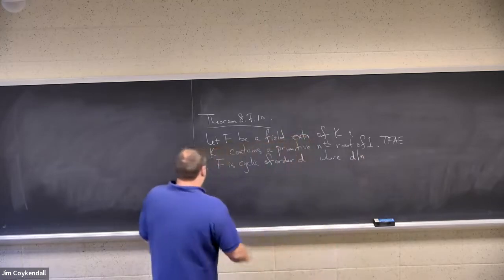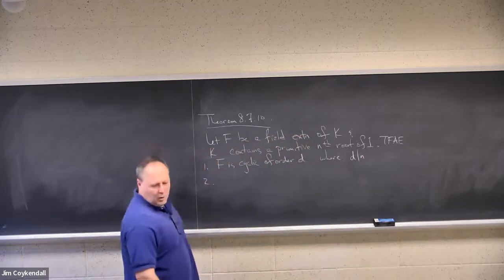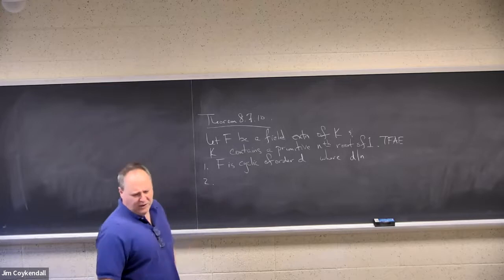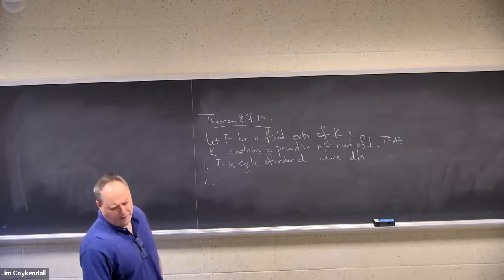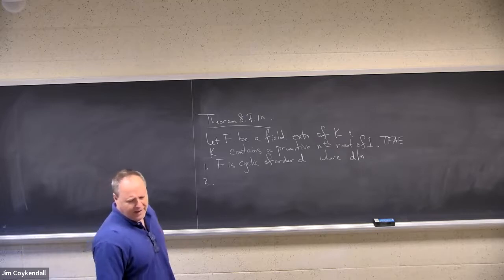So first, among our equivalent conditions is F is a cyclic extension, Galois group Z_d, where d divides n.